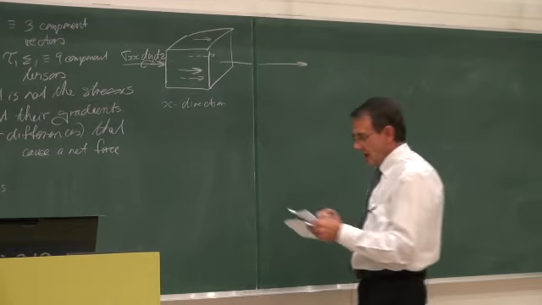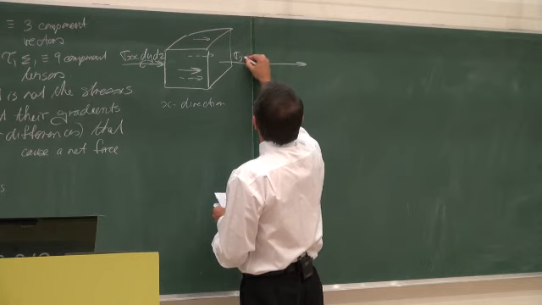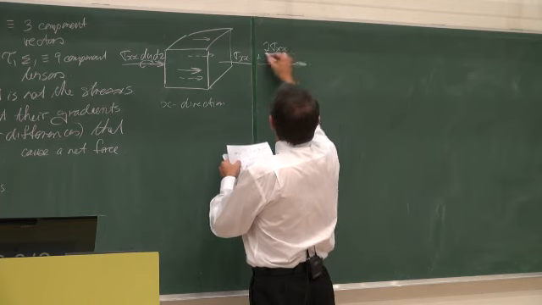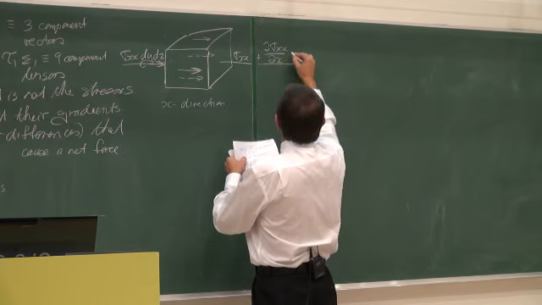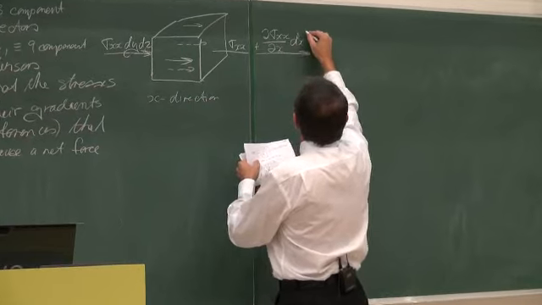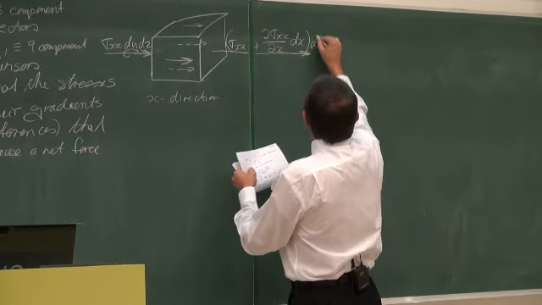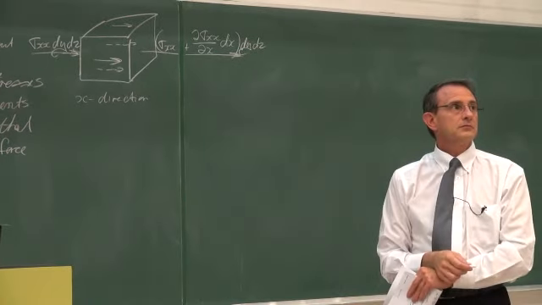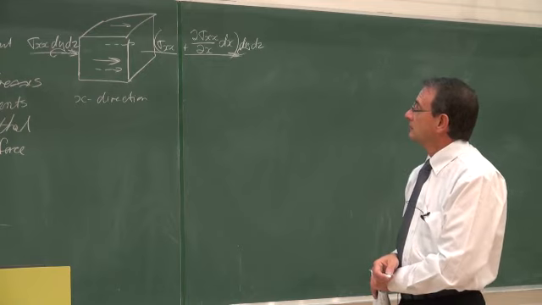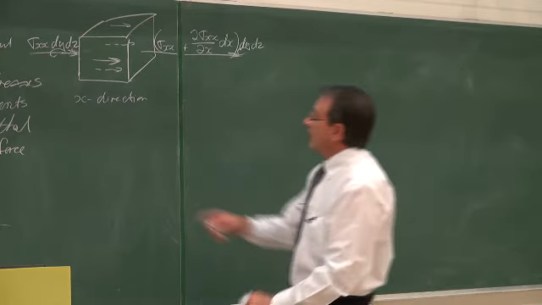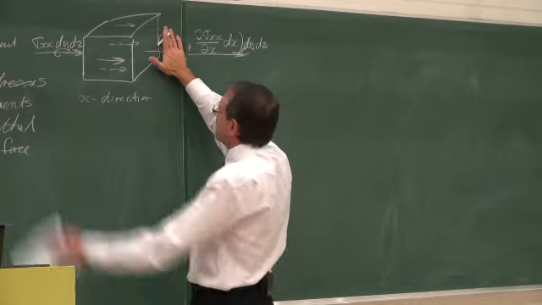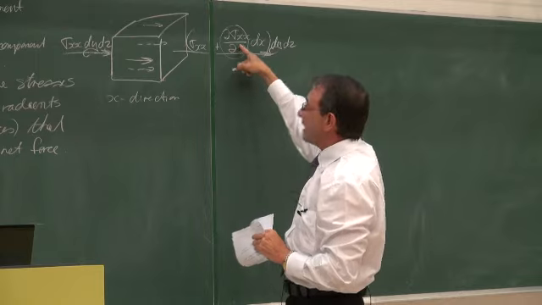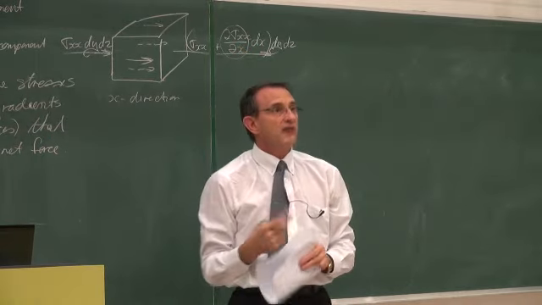And here we're going to have sigma xx plus partial d sigma xx dx multiplied by dx multiplied by dy dz. Okay, and that term is going to cancel. And that is the reason why we say it is the gradients which are important and not the absolute values.